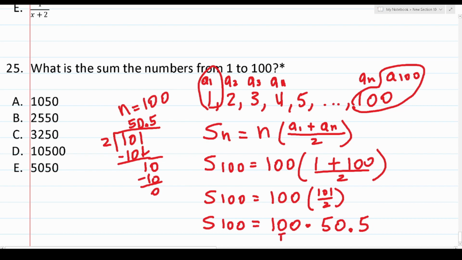In 100, there are 1, 2 zeros. So that's going to prompt me to take this decimal in 50.5 and move it 2 decimal places to the right and add a 0 placeholder as necessary. So in other words, S to the 100 equals 5050. So the sum of the first 100 terms is 5050, which is E.